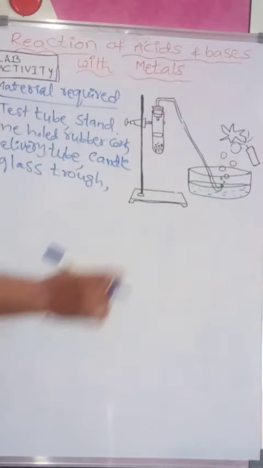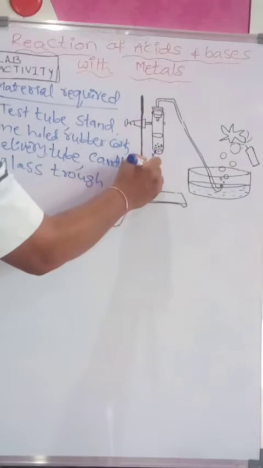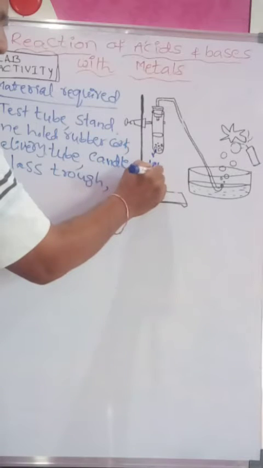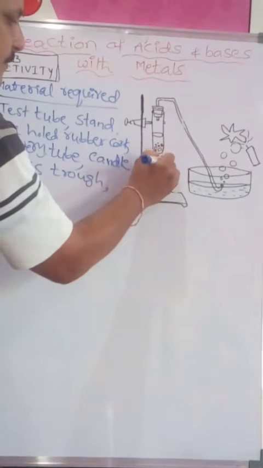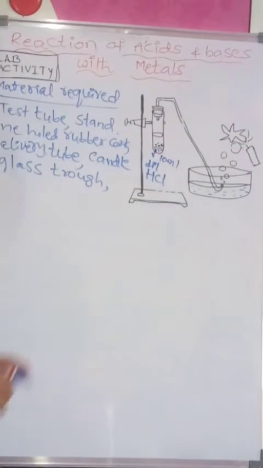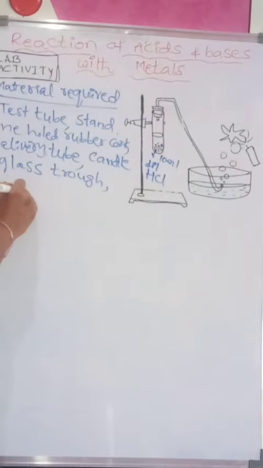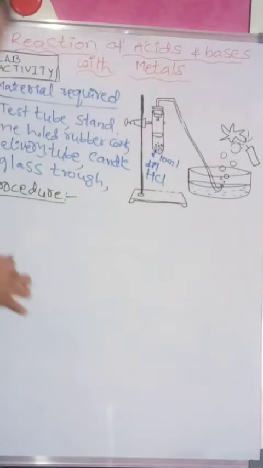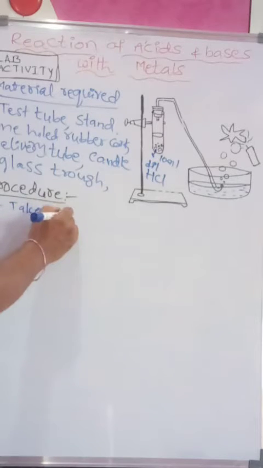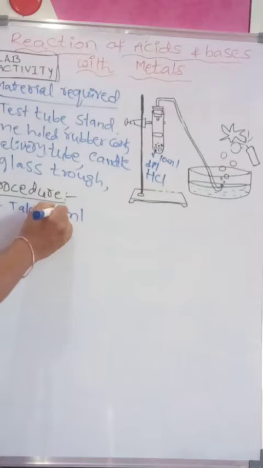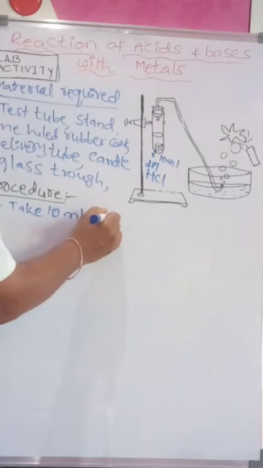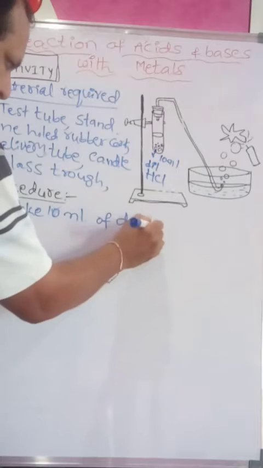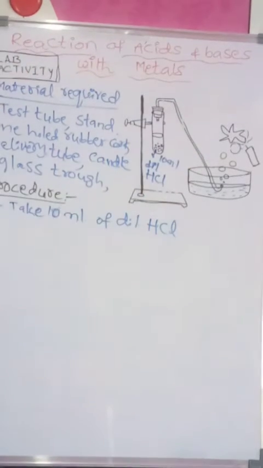First of all, we take dilute HCl in the test tube. How much? 10 ml. That is the procedure; we have to write the procedure here. Take 10 ml of dilute HCl in the test tube.